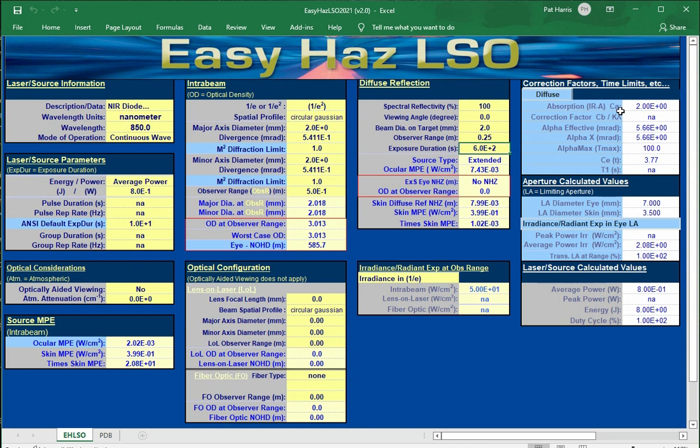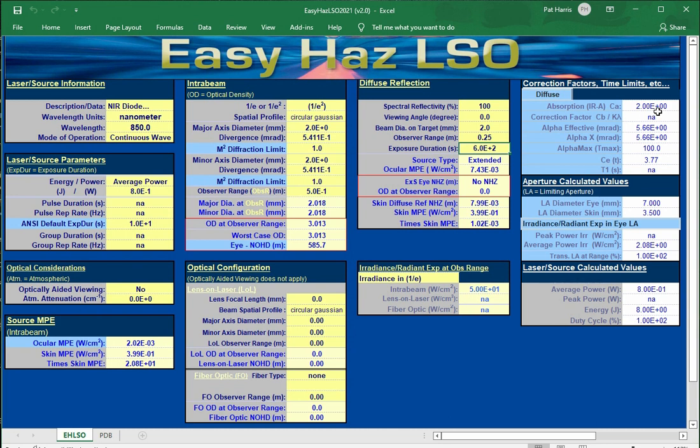You'll notice that C sub A is changed here. Remember, C sub A for a visible wavelength was 1, but here it's 2. This is a correction factor for correcting the MPE for the absorption curve of the retina through the wavelength range. That's really what C sub A is doing.